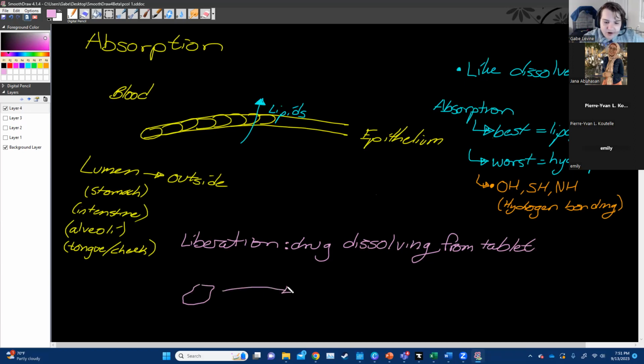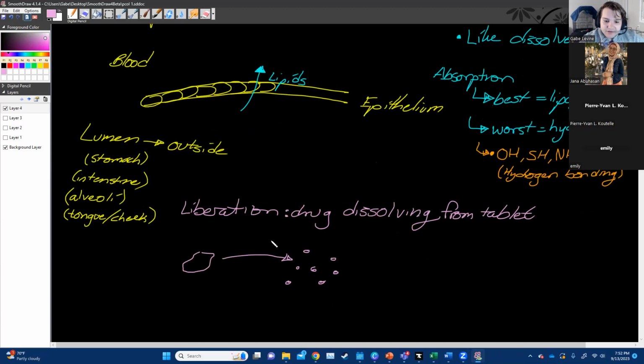This has to break apart into individual drug molecules. And so what we say is that this process is happening in an aqueous environment, right? Our stomach has water in it. Our intestines have water in it. Our lungs have some water in it, also known as dissolution.